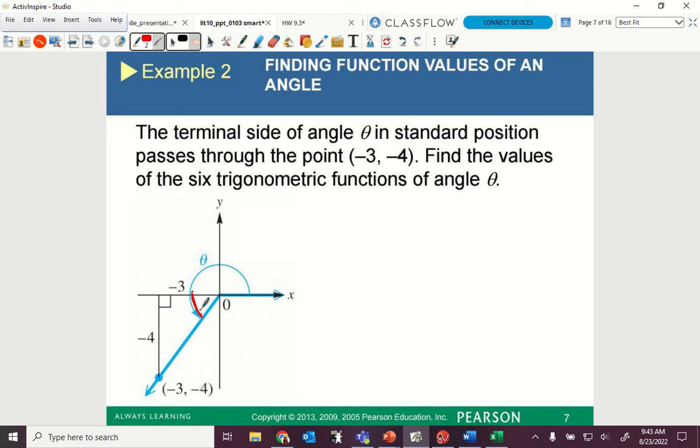The 3 things I need for this problem are my x, the y, and the r. Am I missing anything here? I'm missing the r, right? I have the x, which is -3. I have the y, which is -4. I just need to find my r value. So let's go ahead and plug that in for my radius.